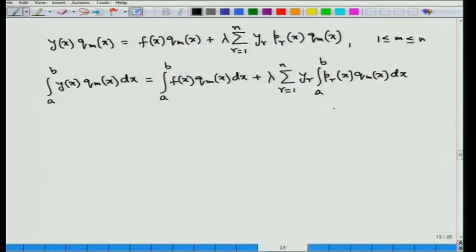Now, we need two notations for integral a to b f(x) q_m(x) dx and integral a to b p_r(x) q_m(x) dx.